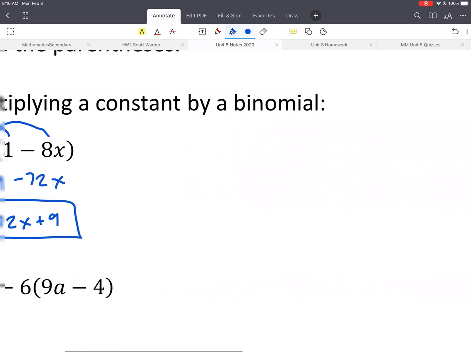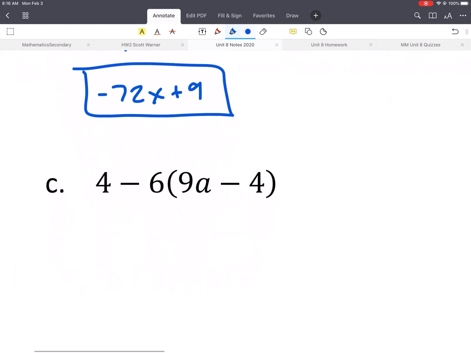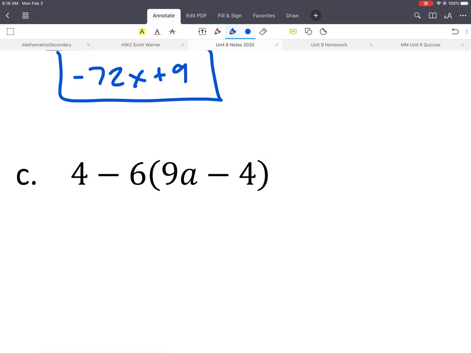Right? Here's another example. Again, with PEMDAS, we need to make sure that we do multiplication first. So we need to distribute the negative 6. So we still have 4. And then we're going to do negative 6 times 9. That gives us a negative 54a. And then negative 6 times a negative 4, negative negative, gives us a positive.